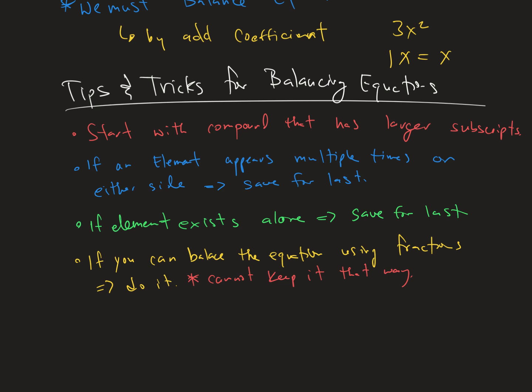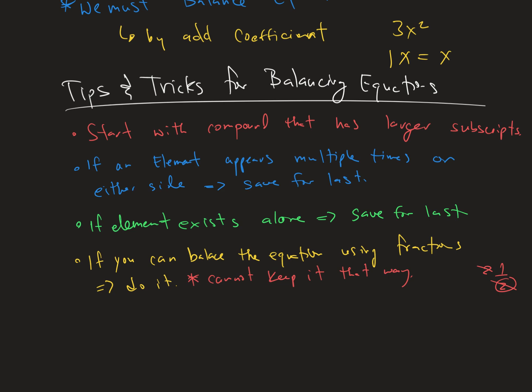How do we fix it once it's balanced with a fraction? Convert, don't keep it that way. Then multiply every coefficient by the same whole number, a whole number that will get rid of the fraction. If we have, for example, 1/2, what are we going to multiply 1/2 by to get a whole number? 2, by its denominator.